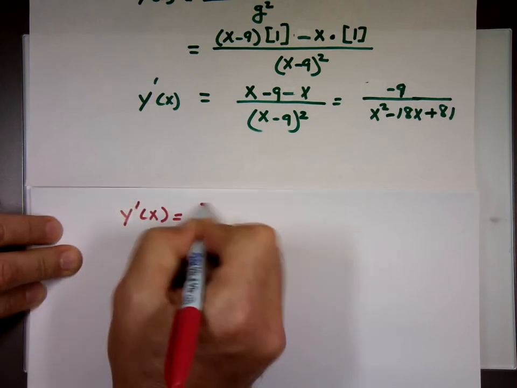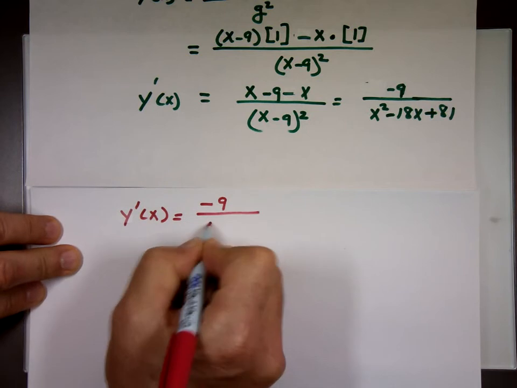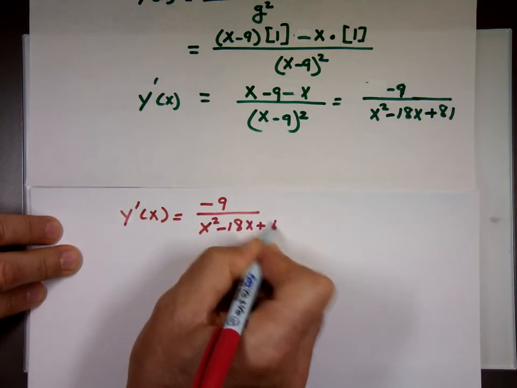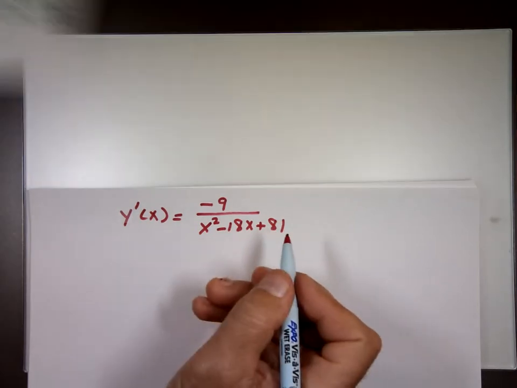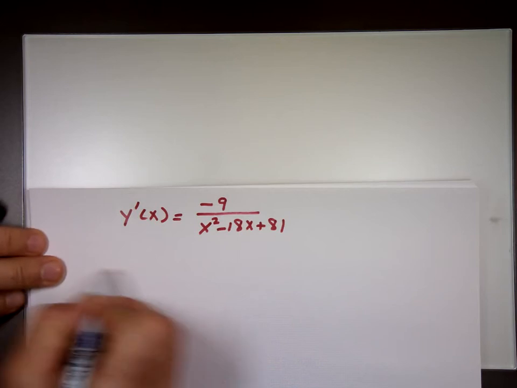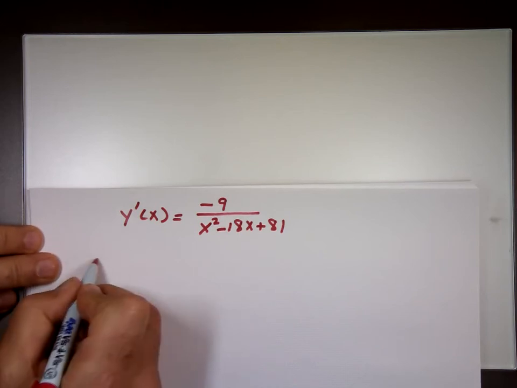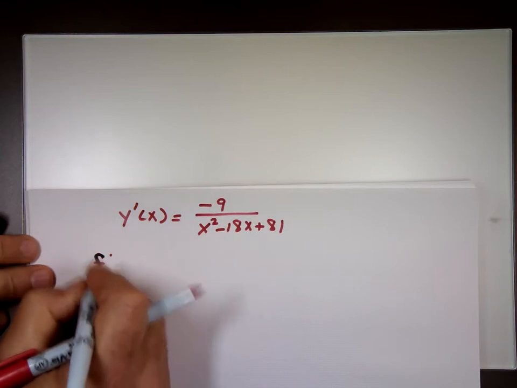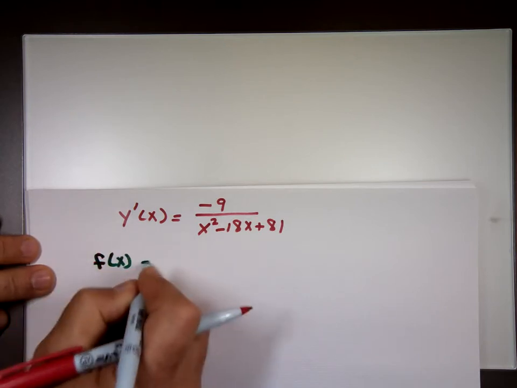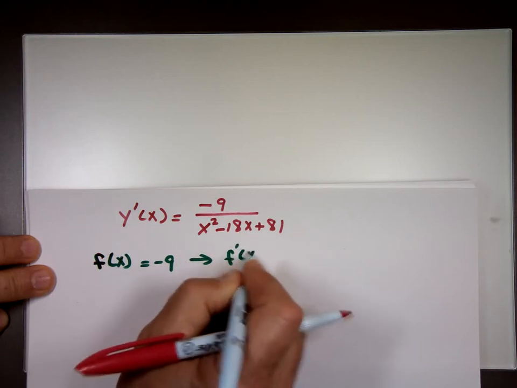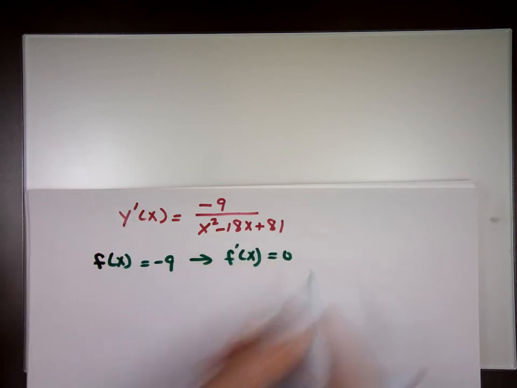And now I'm going to take the derivative of this. The second, here we go, the quotient rule. I'll use a different color here. I'll call f of x here the top, which is negative 9. And what's the derivative of that? 0.